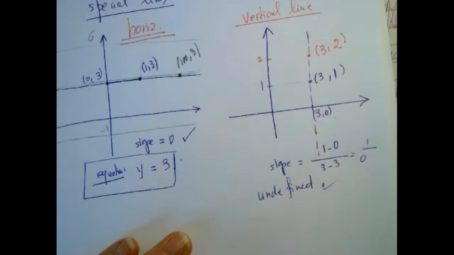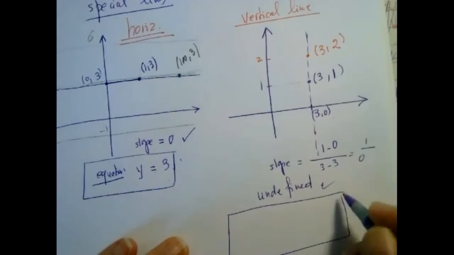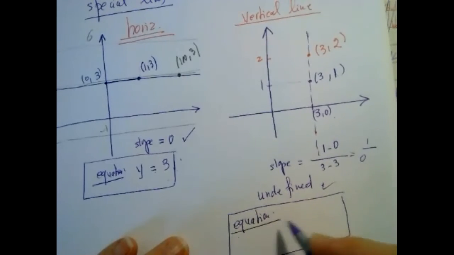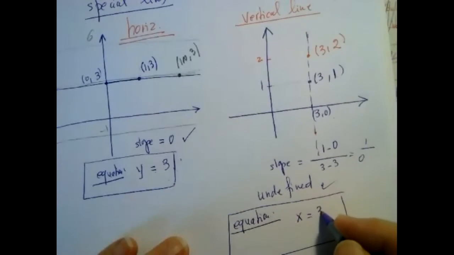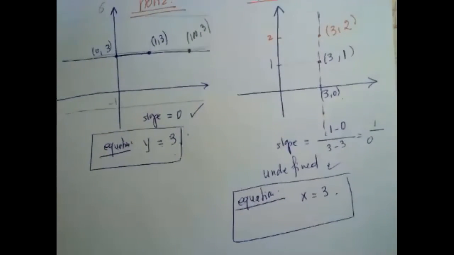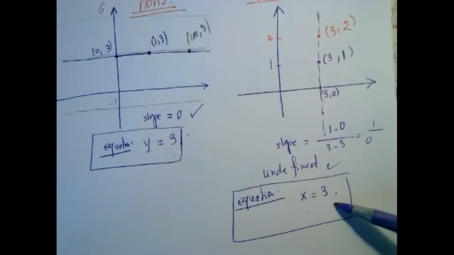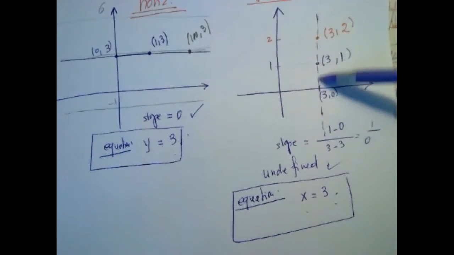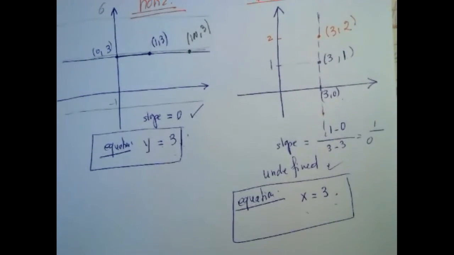Regardless of which point, the x coordinate is 3. So the equation of this line is x equal to 3. If I tell you to sketch the line x equal to 3, it means sketch the line that has the property that no matter what y is, x equal to 3. It means all the points with x coordinate 3, and therefore you get all the points on this line.